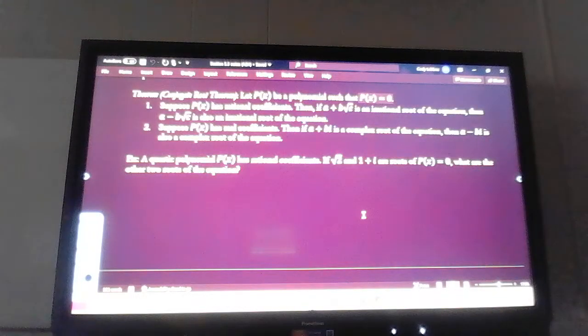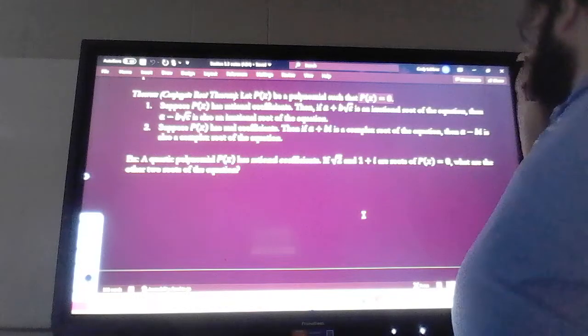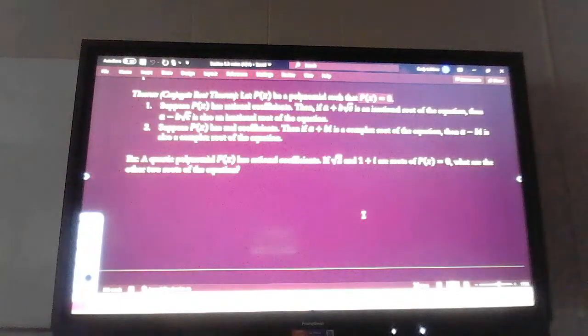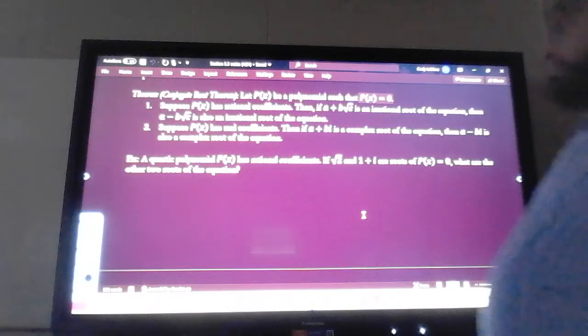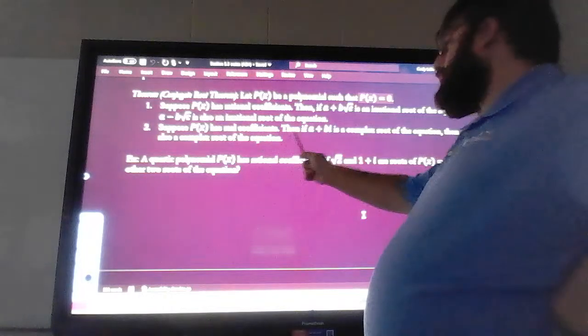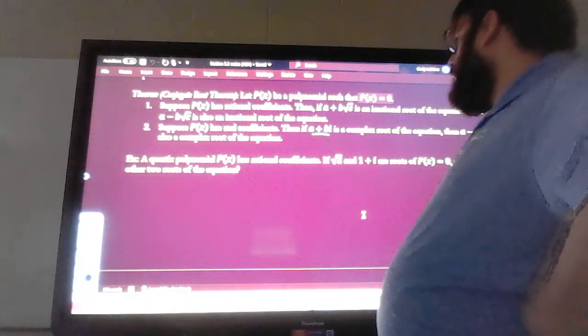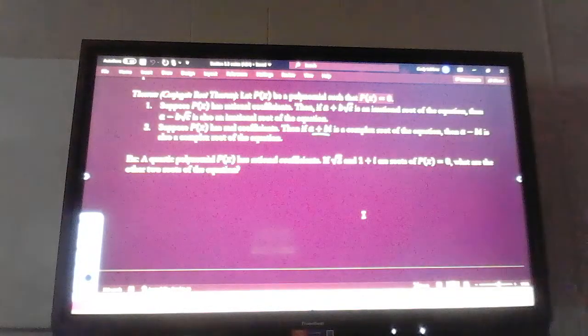Like if we did the quadratic formula, we got something like that. If that is an irrational root of that equation, then a minus b square root of c is also an irrational root of the equation. Similar to complex numbers, right? For real coefficients in a polynomial equation, if a plus bi is a complex solution for that equation, then its conjugate, a minus bi, is also a complex root of that equation, right?